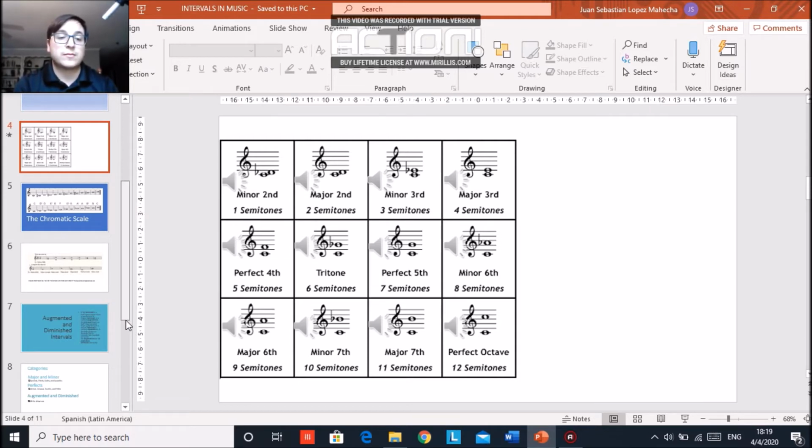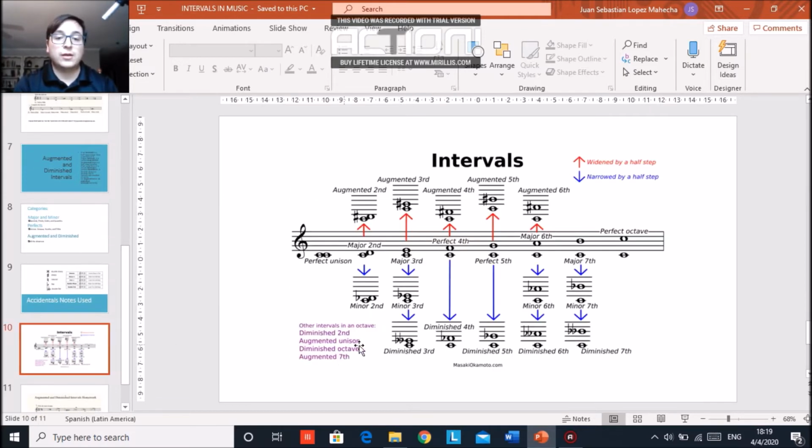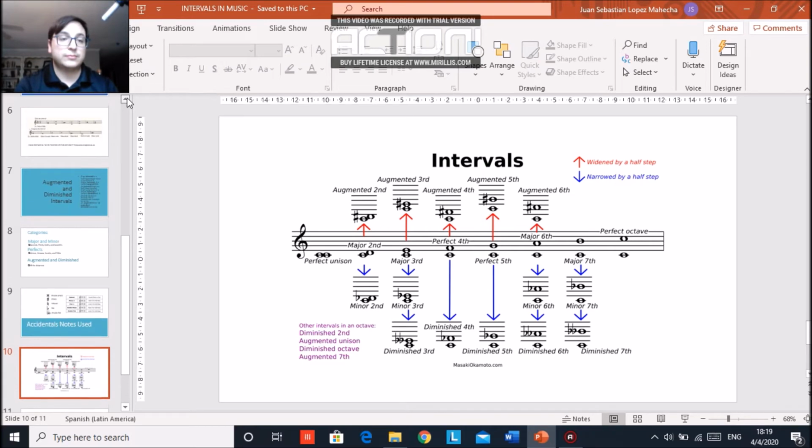Okay, now if we turn that E flat and we add another flat, so that means a double flat, we will get a diminished third. Okay? The key is to count first the notes and to count with the help of the chromatic scale. So basically, you will have to think, if you get an E double flat, that means we go to the chromatic scale.